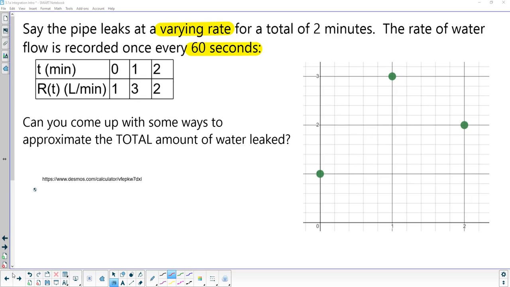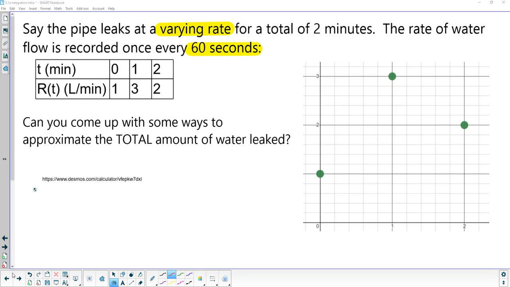So last time, we were able to make one nice rectangle with that rate, right? Because we just had this nice constant rate of change. Ideas now, like how could I at least approximate the total amount of water leaked? We could connect the dots and find the area underneath.